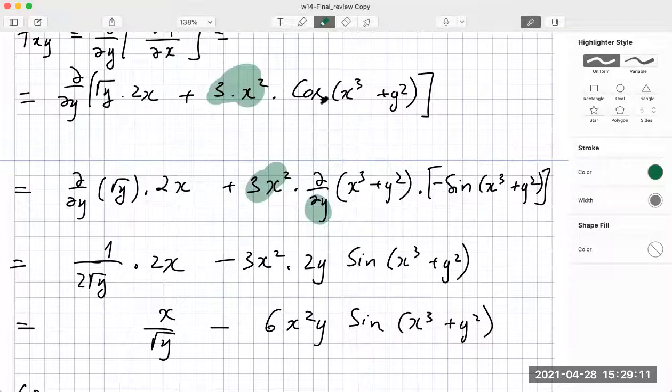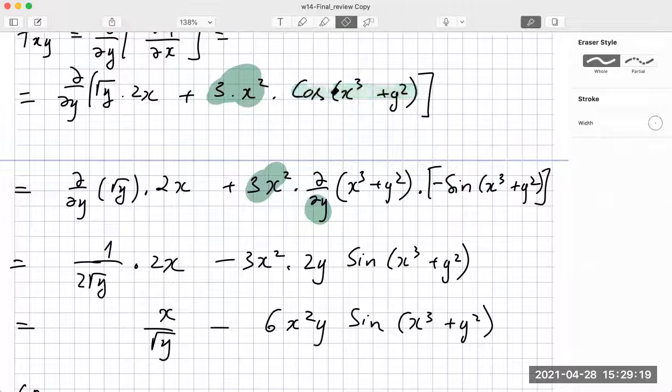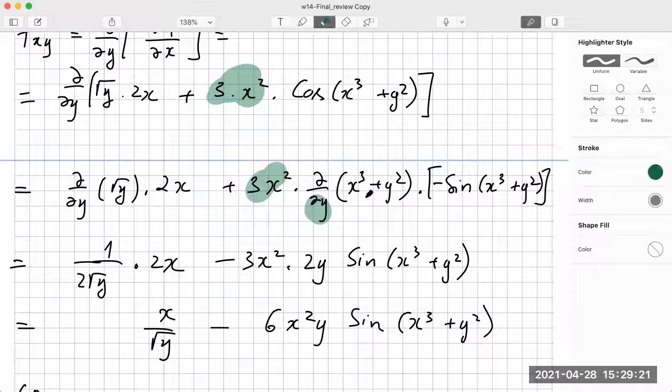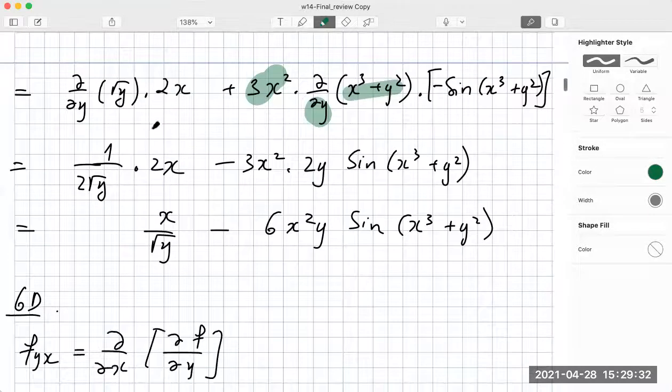So now d over dy of the cosine function here would be d over dy of the things inside, which is this, multiplied with the negative sign of this formula. Let's look at that. D over dy of square root of y gives us 1 over 2 square root of y.